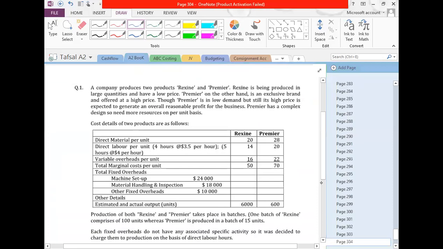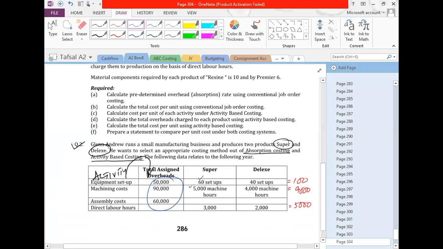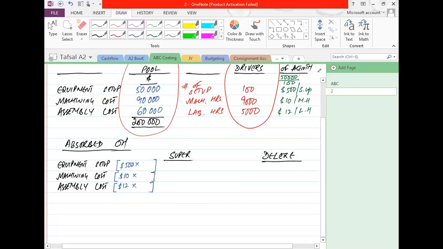For Super, 60, 5,000, 3,000. You need to multiply it. Calculators, for Delexi, the same.